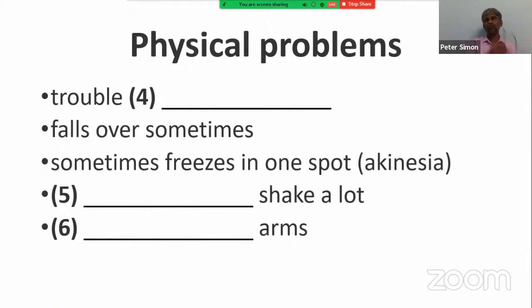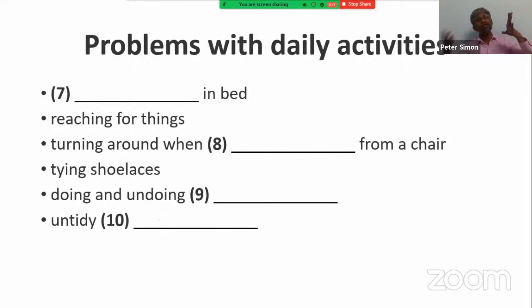So trouble dash, oh sorry. Dash in bed. Problems with daily activities. Dash in bed. What dash in bed? Reaching for things. So problems with daily activities, what are the problems? He cannot take a bath maybe.